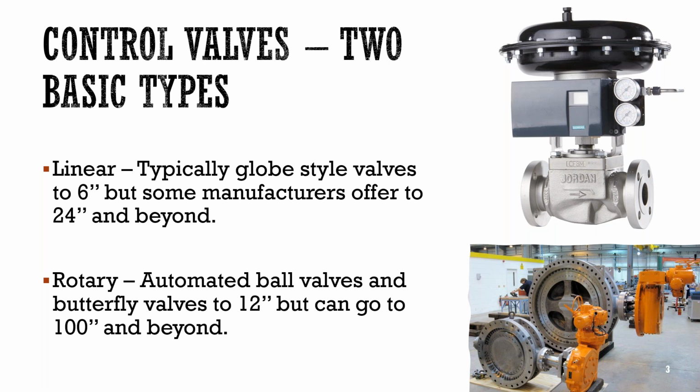The other type is automated ball valves and butterfly valves to 12 inches, but in my prior life, I've seen them go to 100 inches and beyond. So again, there are several types out there available. But for the purposes of this presentation, we're going to focus primarily on linear type control valves.